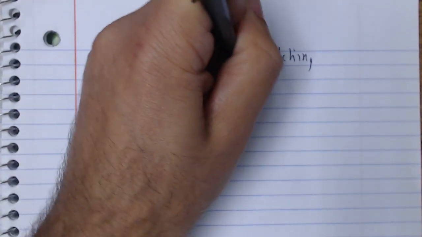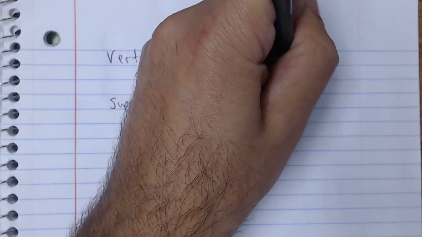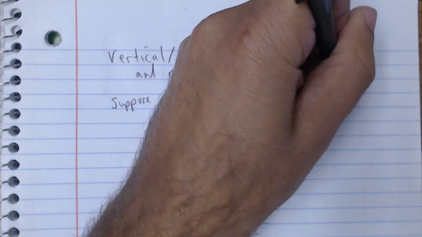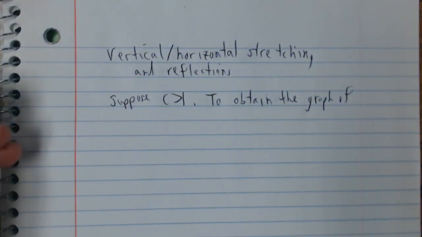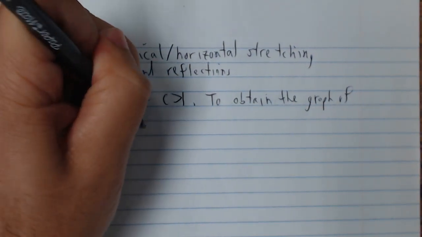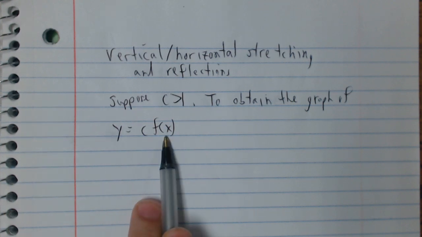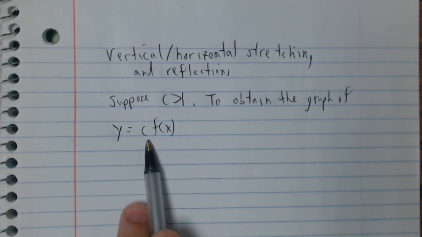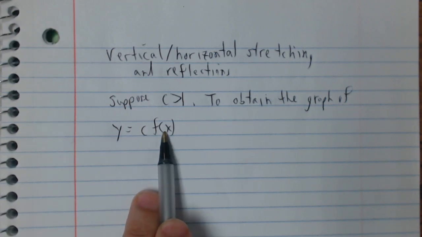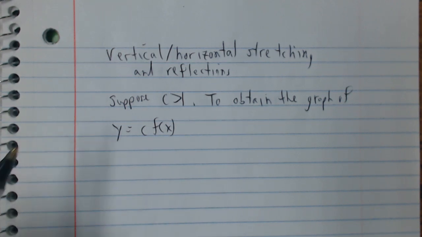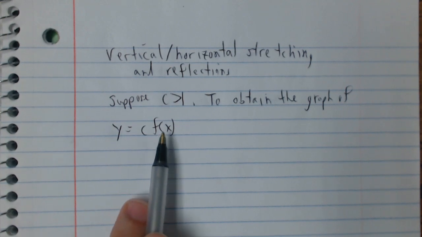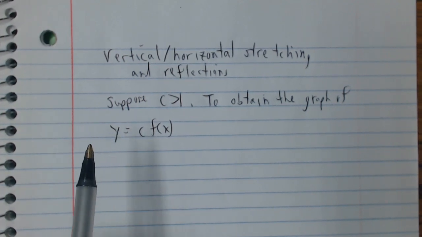To obtain the graph of, let's start off with y equals c times f of x, which essentially is grabbing the y values of the function and multiplying them by some number that's greater than 1. And anytime you multiply a number greater than 1 to another number, that number becomes larger. So what we're really doing here is making the y values larger, which means we are stretching this vertically.